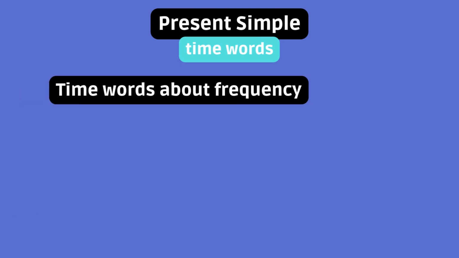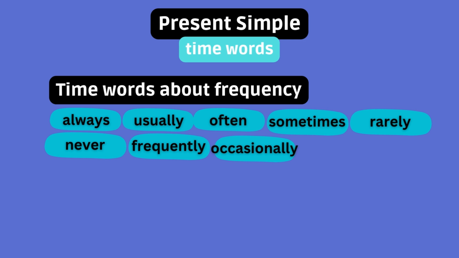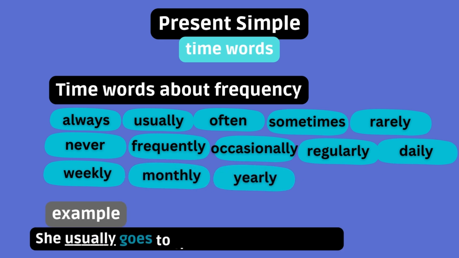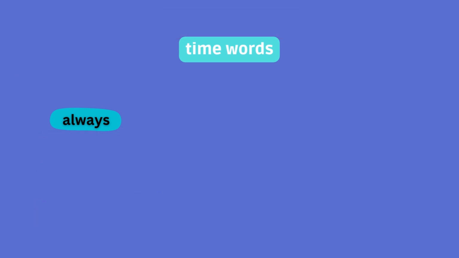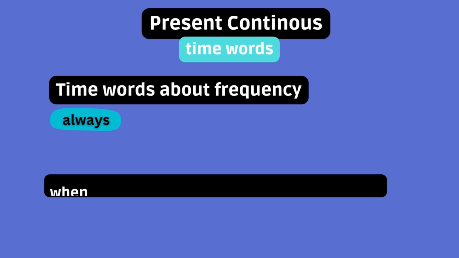Time words about frequency: always, usually, often, sometimes, rarely, never, frequently, occasionally, regularly, daily, weekly, monthly, yearly. Example, she usually goes to the gym in the evening. Side note, always can be used with the present continuous when talking about something that annoys you.